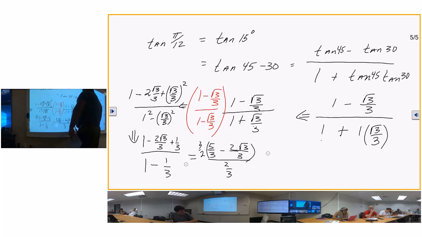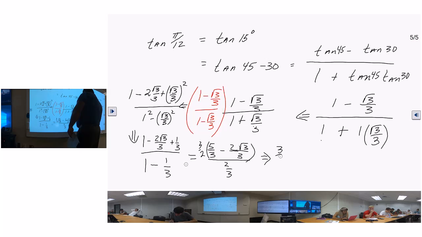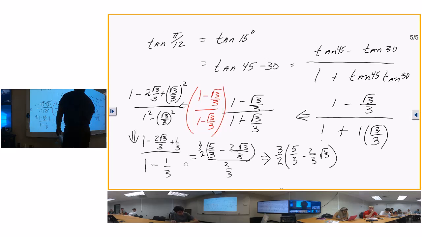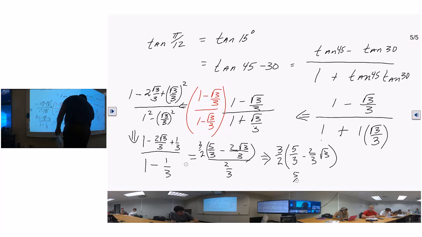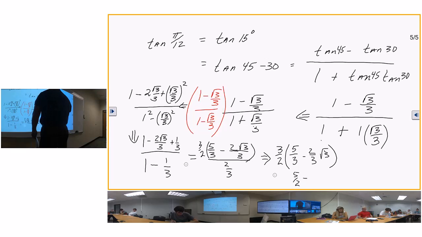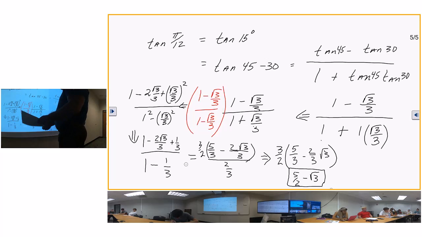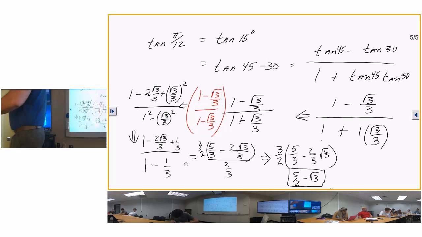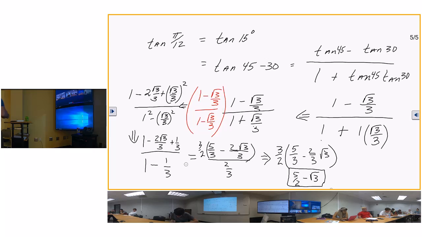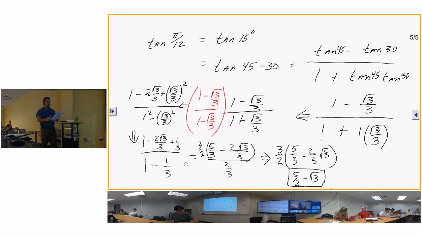So that's going to be 3/2 multiplied by 5/3, 2/3 square root of 3. And of course, if you distribute this, the 3's are going to cancel, and you're going to be left with 5 halves minus the 3's, and the 2 is going to cancel, leaving you with the square root of 3. And you can reduce that down with common denominators also, if you decided to do common denominators.